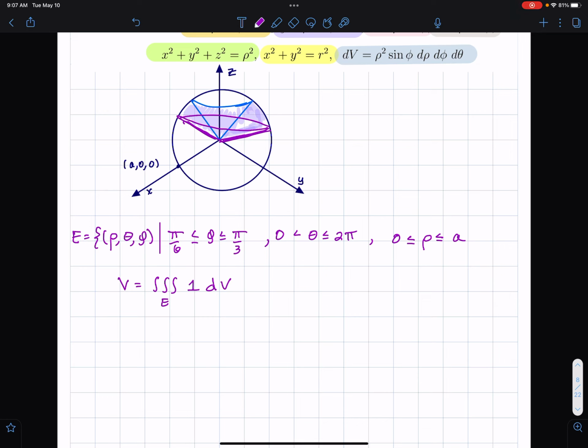That's true in general. If you integrate the number 1 over the region, you're going to find the volume. I just feel like this picture could look a little better.